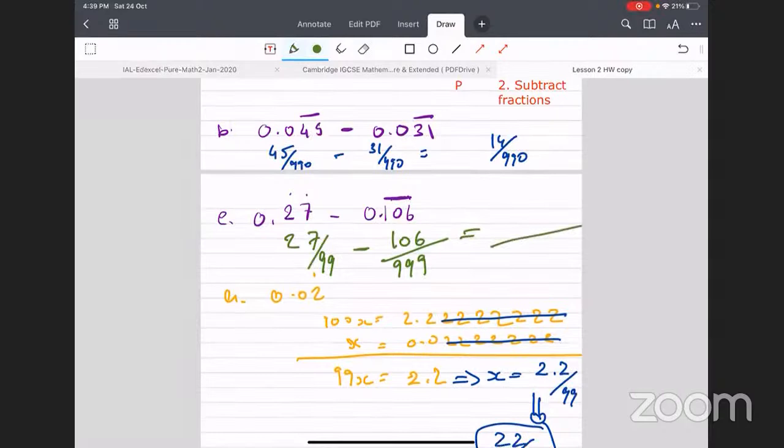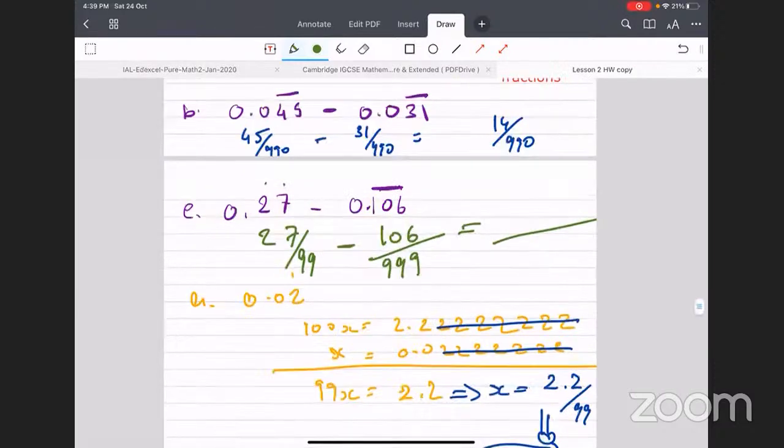So that would be 99 times 11. So actually, that would be a very big number.